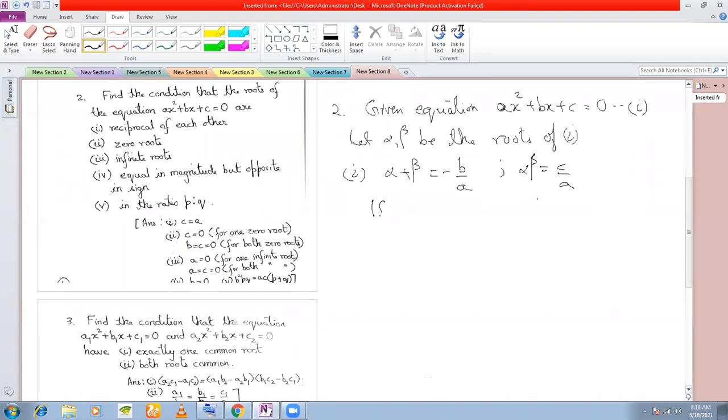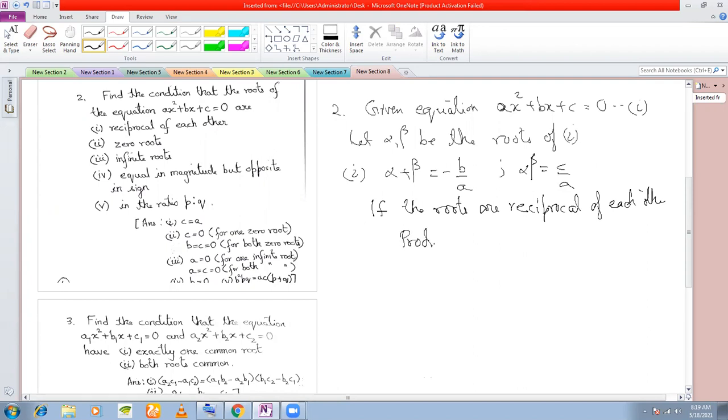Now if the roots are reciprocal of each other, then the condition is that the product of the roots must be equal to 1. Right? That means c by a must be equal to 1. That means c must be equal to a.